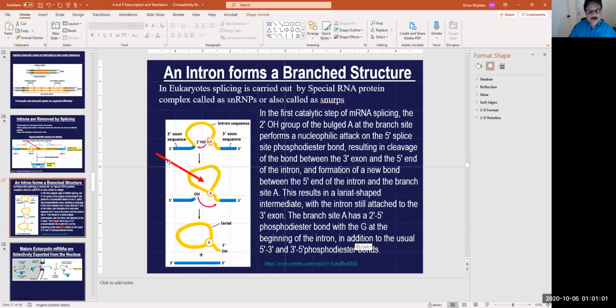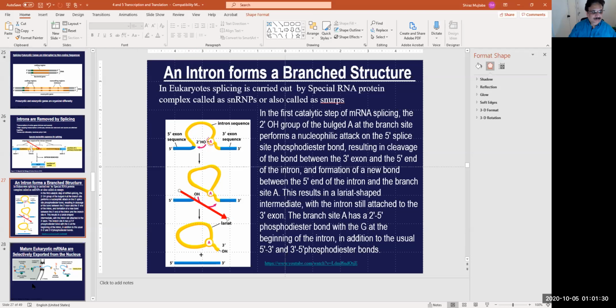So this becomes the starting point for the lariat shape. And then this hydroxyl group again attacks at the junction of exon and intron, right? And then this OH group and the phosphate form a bond, and this intron is spliced out. So I have briefly written here that you can read for more understanding.